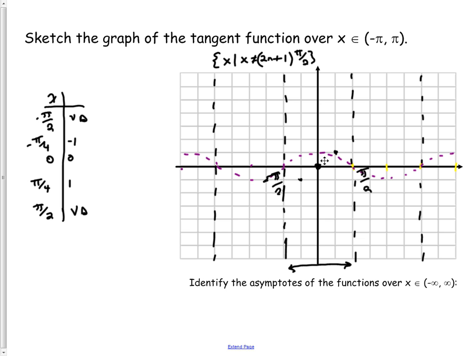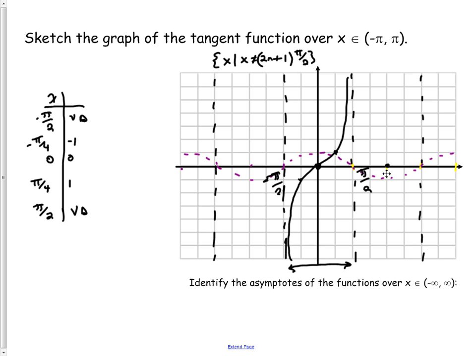What happens at all these other points? Well, as we get closer and closer to pi over 2, the value of tangent gets larger and larger. And by the way, as we go towards negative pi over 2, the value gets smaller and smaller, tending towards negative infinity. This cycle is going to repeat in every other interval.